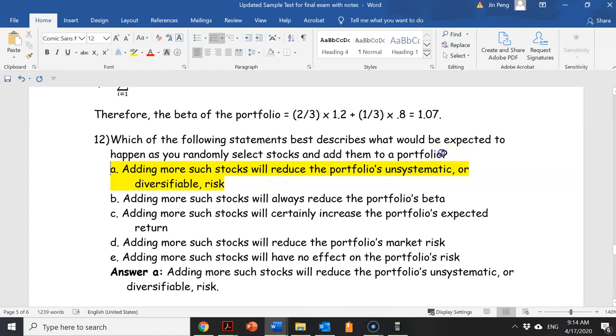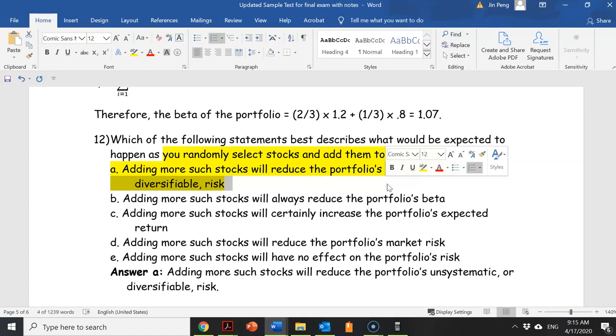When we randomly select stocks and add them to a portfolio, the total risk of the portfolio goes down, because the upper part, the unsystematic or diversifiable risk, goes down. The bottom part on the graph, which is the market risk, remains the same as we add more stocks.